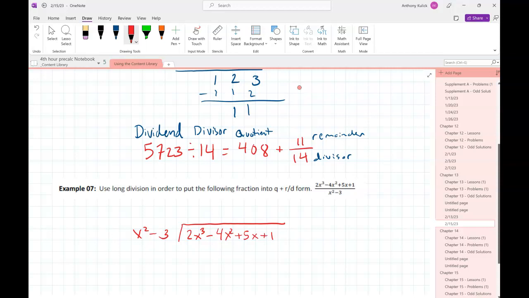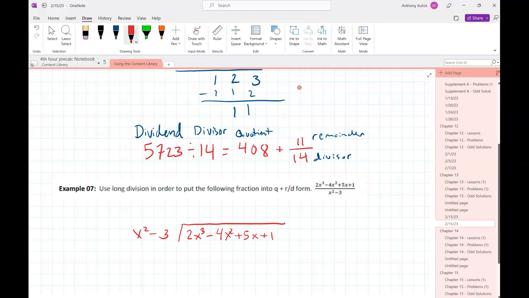This is not how I would write it. Look at that divisor, x squared minus 3. There is something that I would change to that.